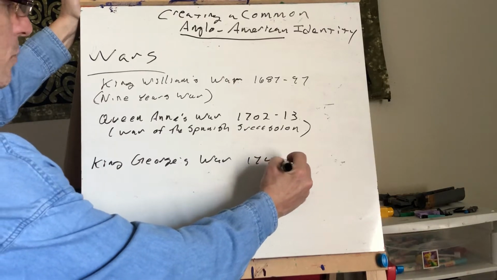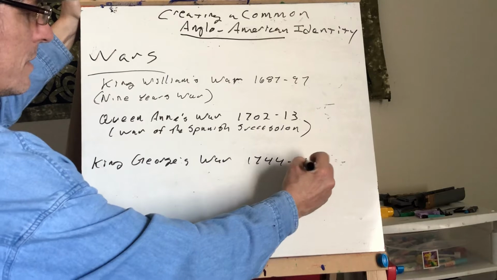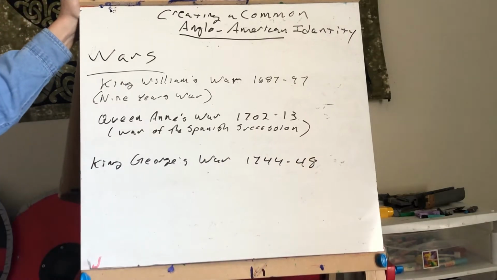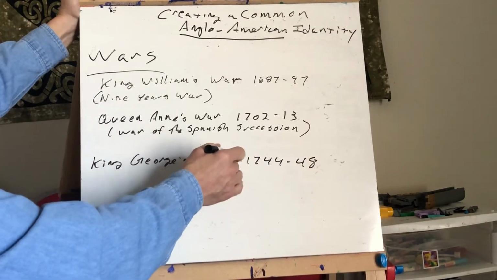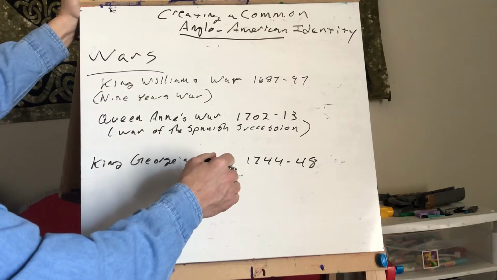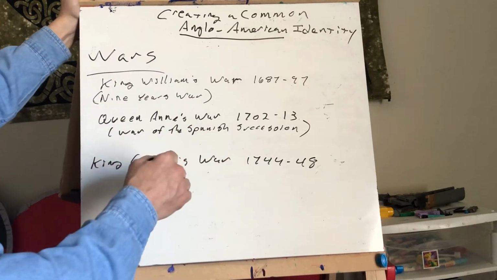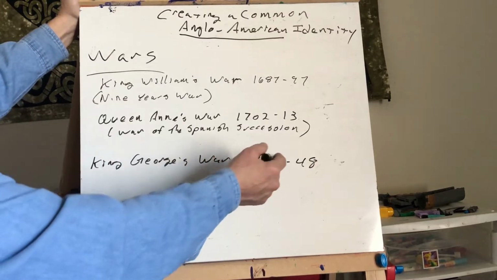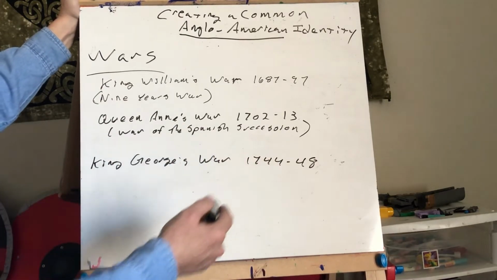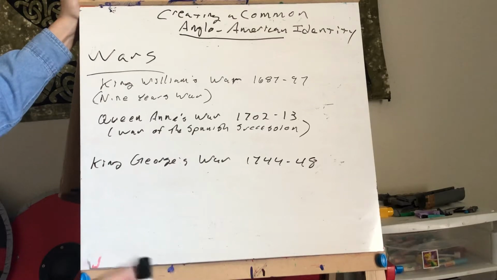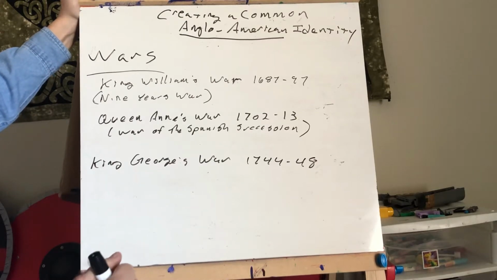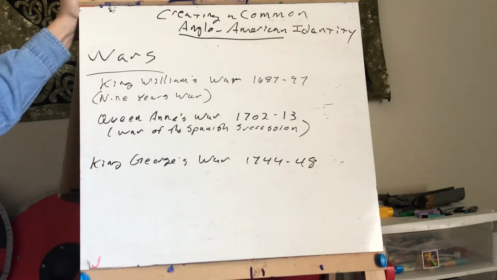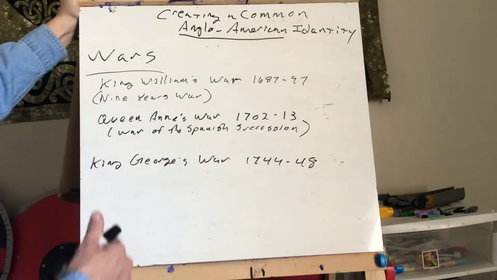This one's a little bit shorter, 4 years, 1744 to 48. Yeah, it's during this war because Lawrence Washington, George Washington's oldest brother, was able to gain political prominence in Virginia. George Washington was the youngest of 7 sons by his father's second wife, so he inherited virtually nothing from his dad except for the family name.